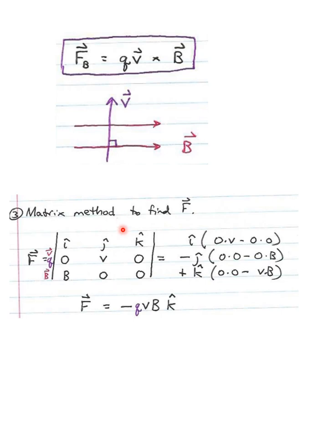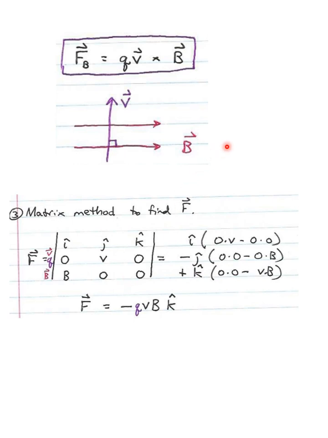It's the determinant of the matrix. And here you have the force vector is Q, and I've just put that off to the side. What I'm really focusing on with this matrix is V cross B. In the first row, make the unit vectors, i hat, j hat, k hat. In the second row, make V vector. And in the third row, make the B vector.